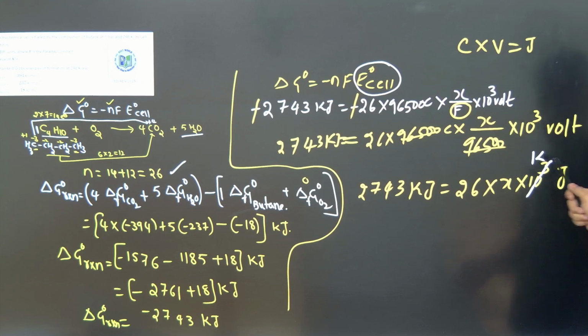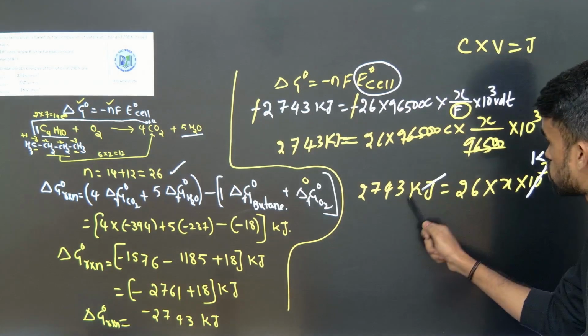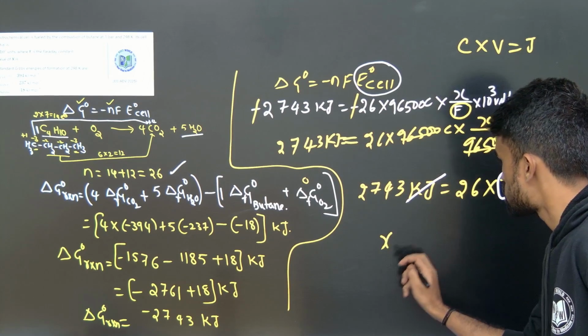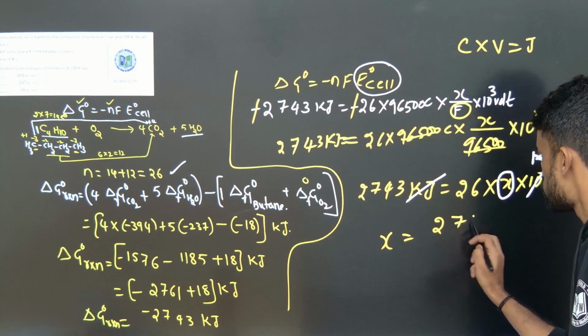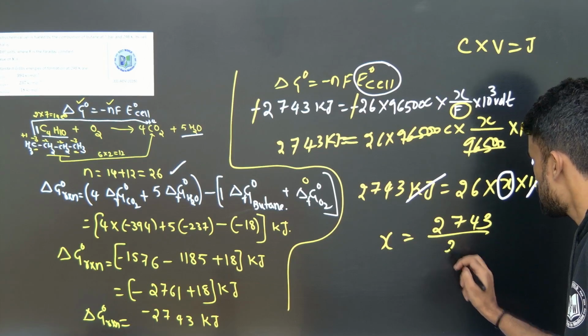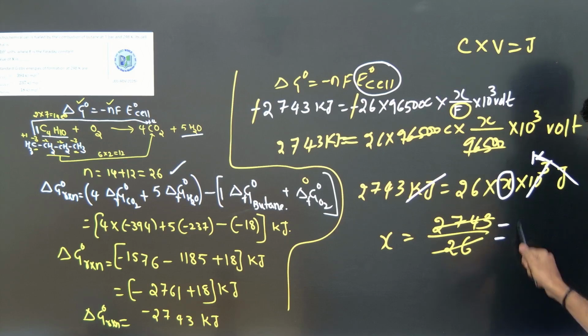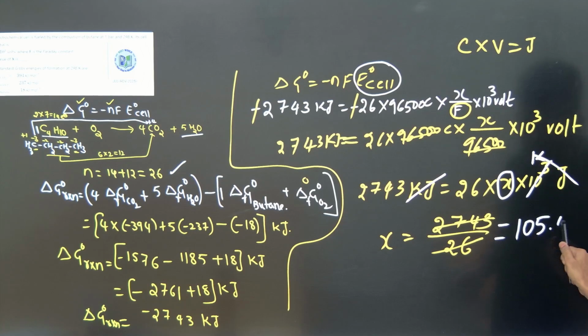So, what do we have here? Kilojoules, here also kilojoules. So, both units get cancelled out. Here we are remaining with x. So, x equals 2743 divided by 26, right. By simplifying this we get around 105.5. So, this is our answer for this particular question.